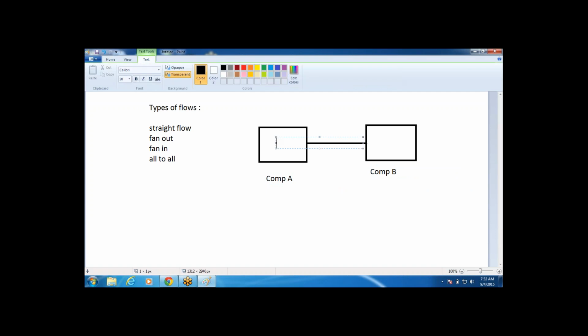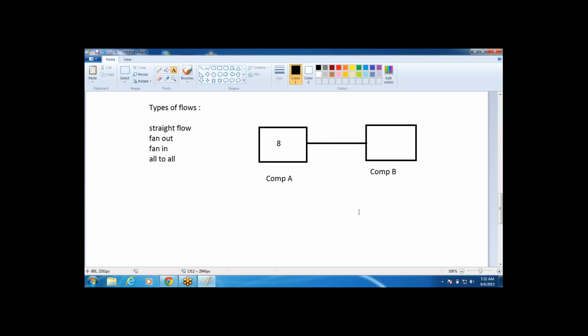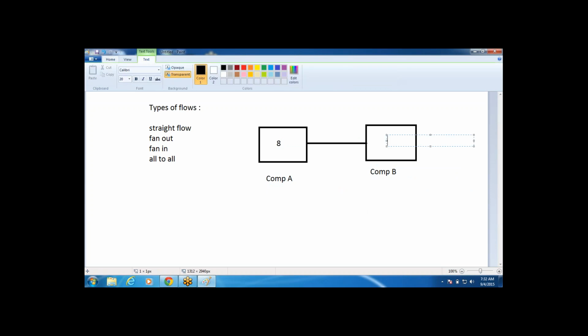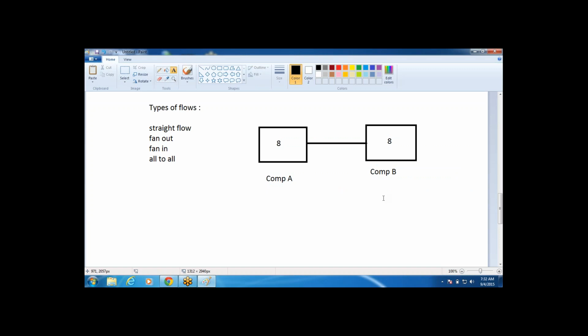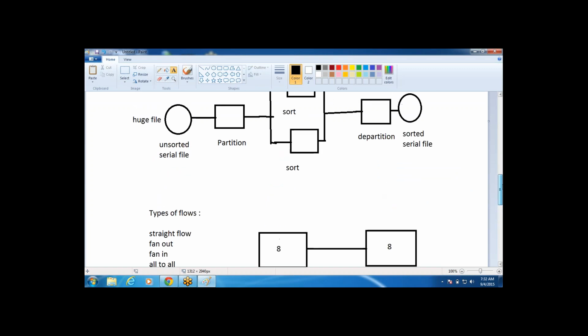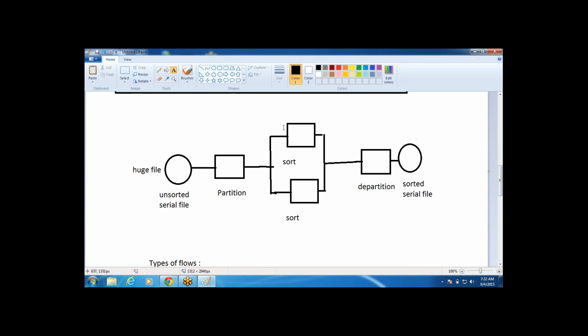Okay. So let's say component A is running under an 8-way multi-file system and component B is running under an 8-way multi-file system. So internally these components are running. This is like the internal structure of the sort component, how it runs.